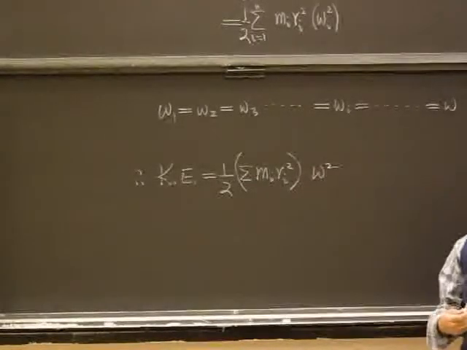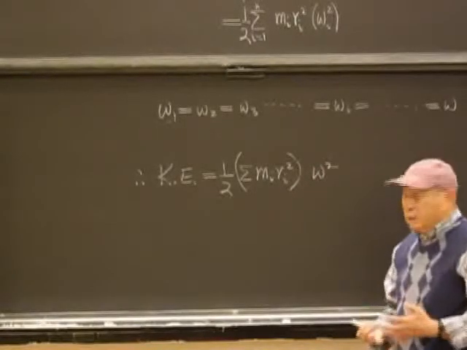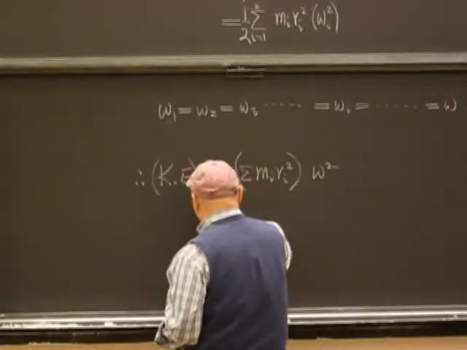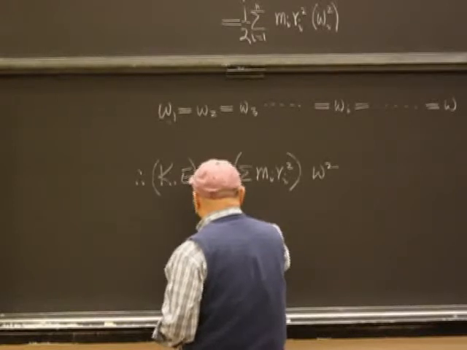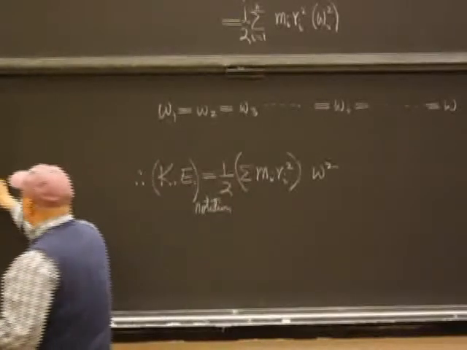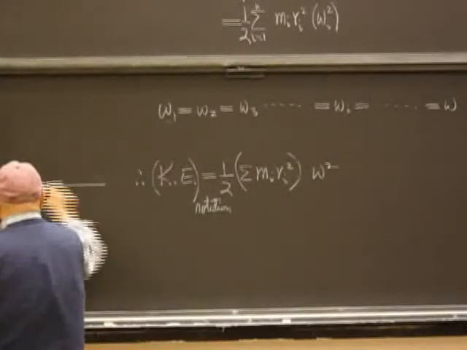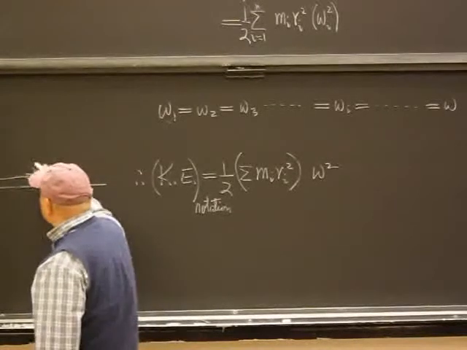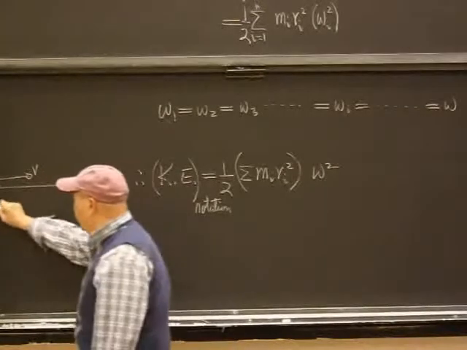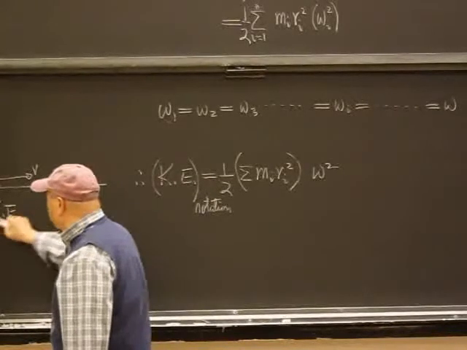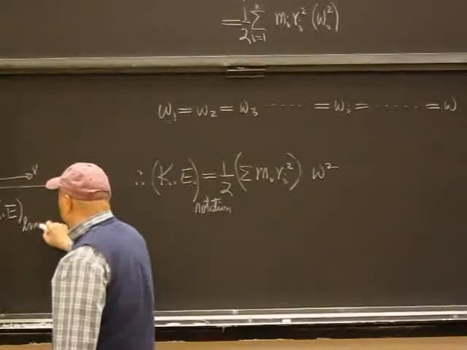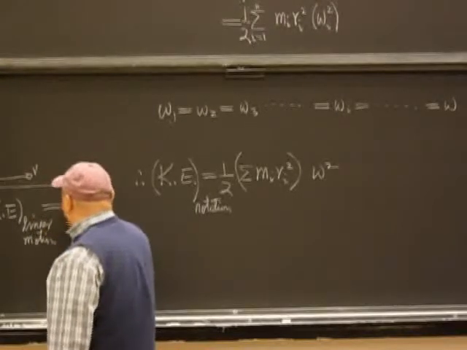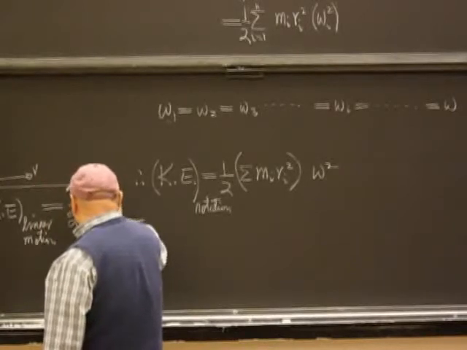So now you look at it by comparison. This is the kinetic energy for a solid object in rotation. Now for an object in linear motion, with mass M and velocity v, the kinetic energy for linear motion, I repeat again, is equal to 1/2 mv squared.